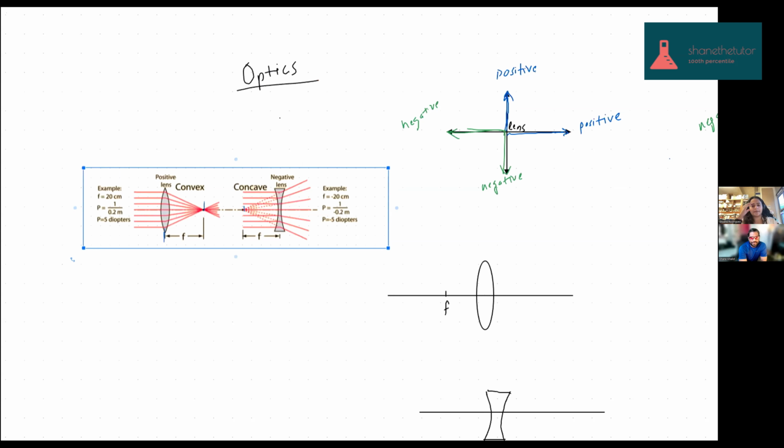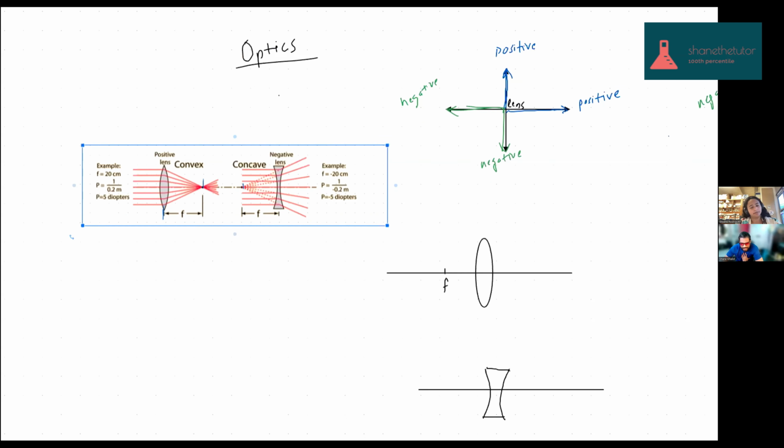And if it's to the left, like it is here in the concave, it'll be a negative focal length. That's what a focal point is, because sometimes you'll get questions that ask you what the focal point is when it's not given and the formula can't help you. This can help you conceptually see what a focal length is.